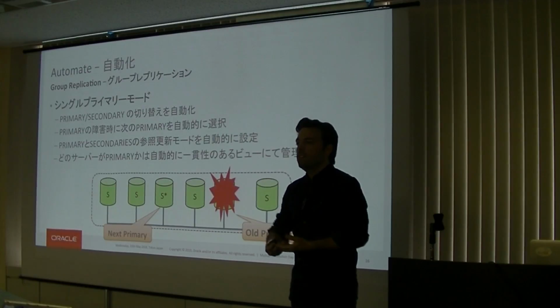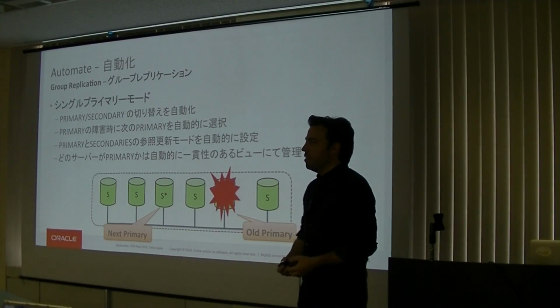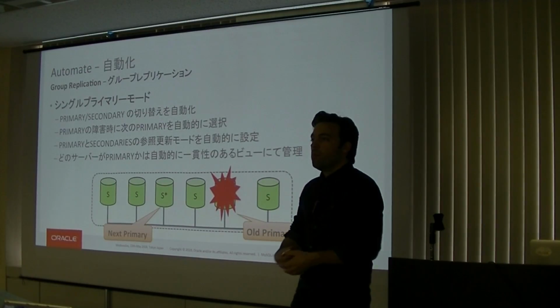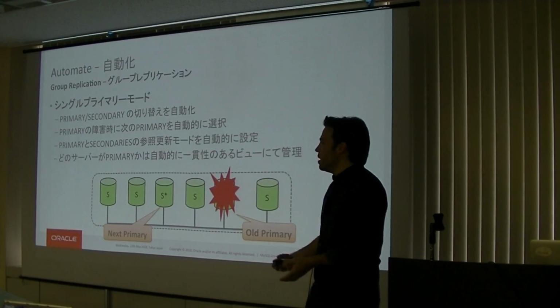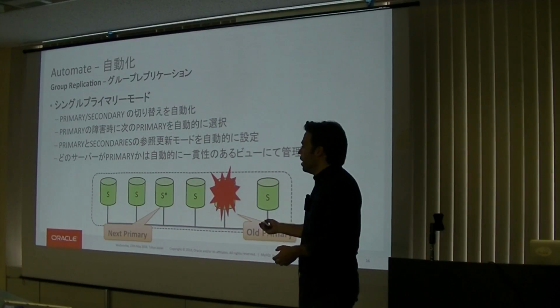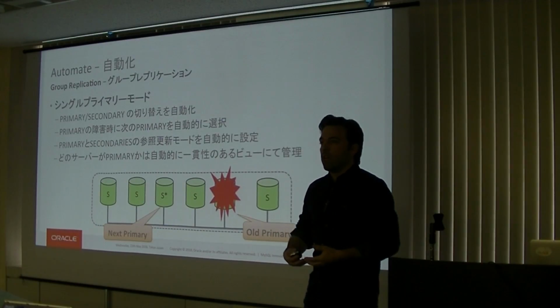And once this is done, it also means that the system itself has automatic protection against things like split brain, because it's the group that actually works together to achieve something.